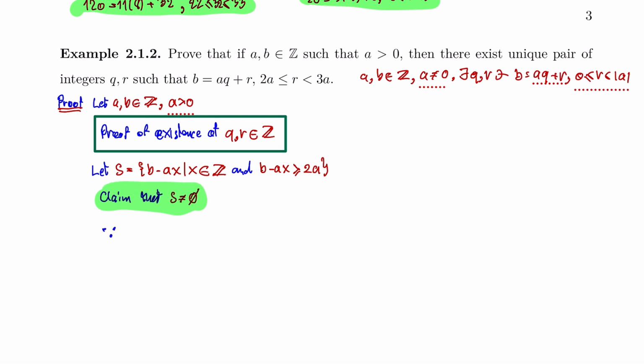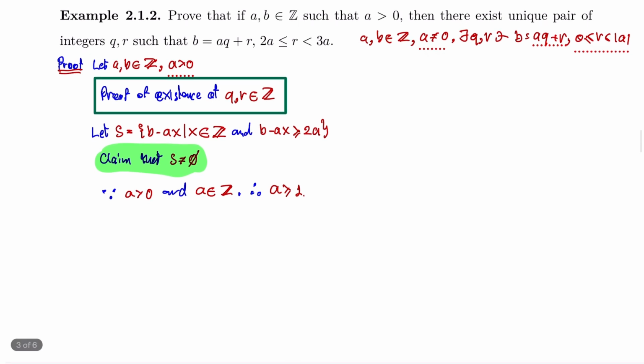Since a is greater than 0 and a is an integer, a must be greater than or equal to 1. So let's write this. We may have to choose which x so that this set S is not the empty set.